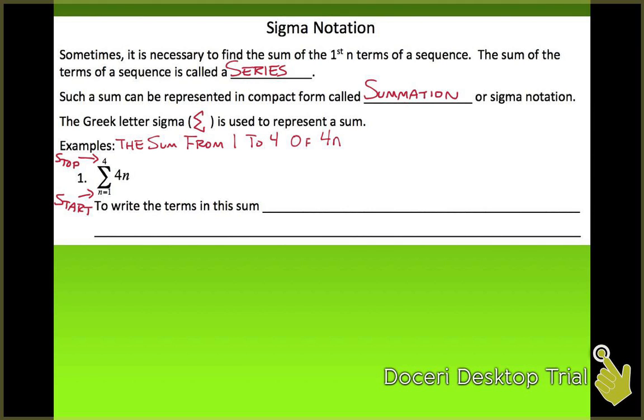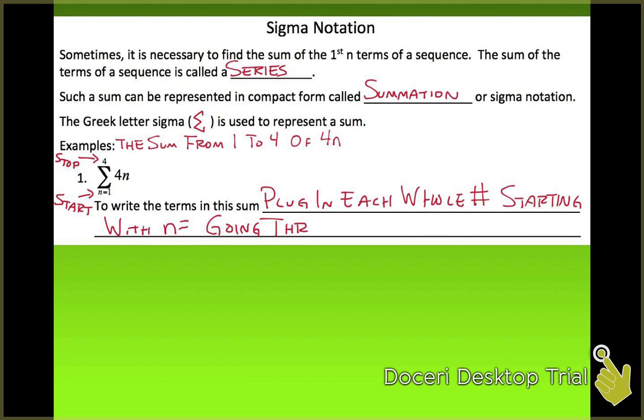So to write the terms in this sum, you're going to plug in each whole number, and I'm going to abbreviate here, starting with the n equals, going through the top number.